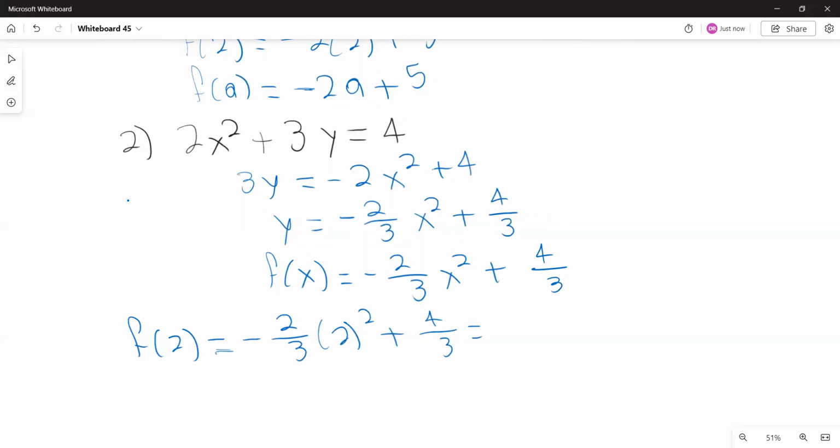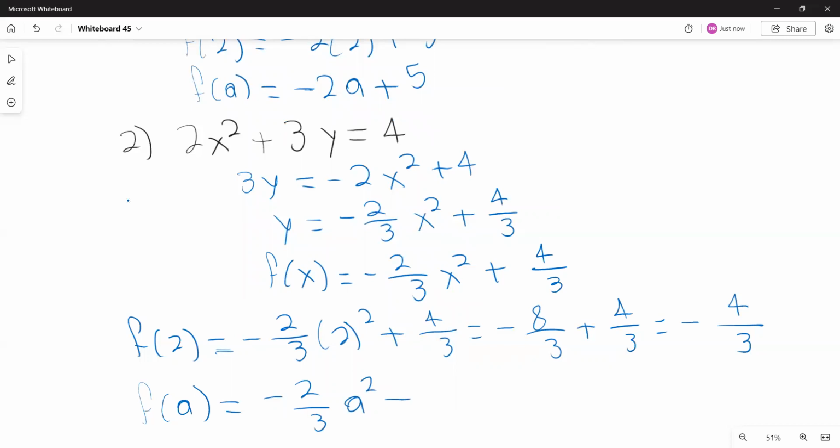But 2 squared is 4, and 4 times 2 is 8. And negative 8/3 plus 4/3 is going to be negative 4/3. F of a is actually easier, even though it has letters. F of a is the opposite of 2/3 a squared plus 4/3.